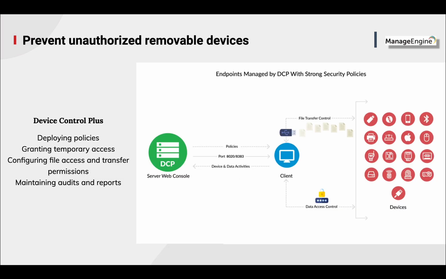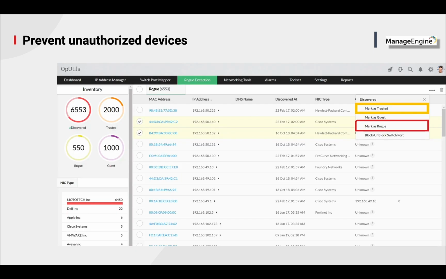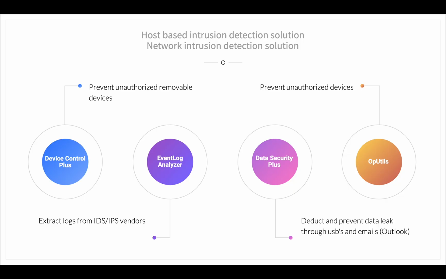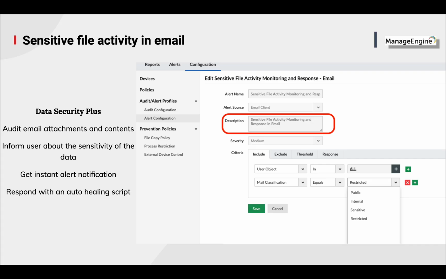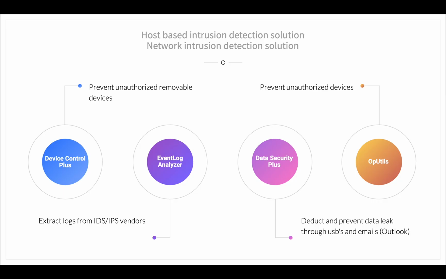With the help of Device Control Plus, you can prevent unauthorized removable devices from getting connected. With the help of OpUtils, you can prevent unauthorized devices from getting connected. With Data Security Plus, you can detect and prevent data leaks through USBs and email outlooks.